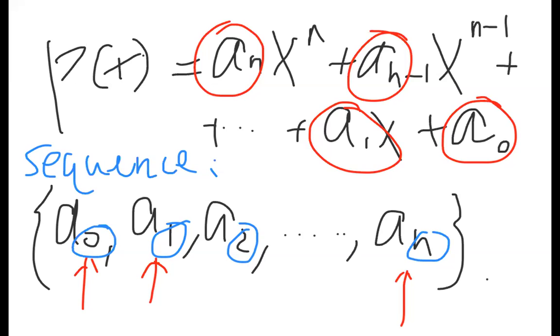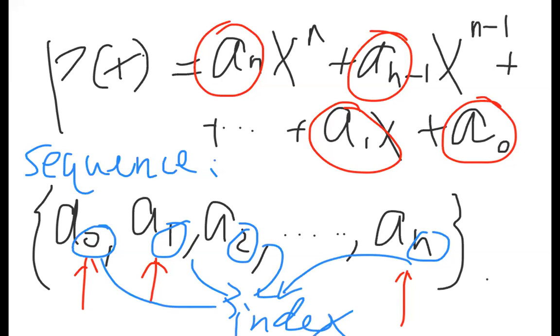This number is called the index. It denotes its position, so with that number you know its position, and from that you know which power of x the coefficient corresponds to.